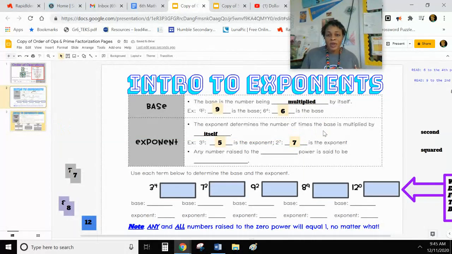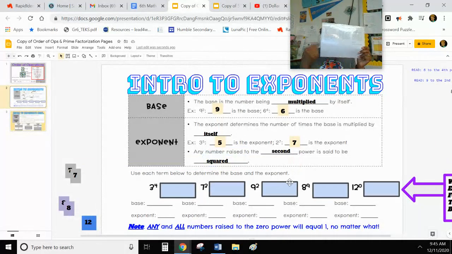Things we need to know. Any number raised to the second power is called squared. The reason why it's called squared is because we're talking about dimensions. So this piece of paper only has 2 dimensions, length and width.